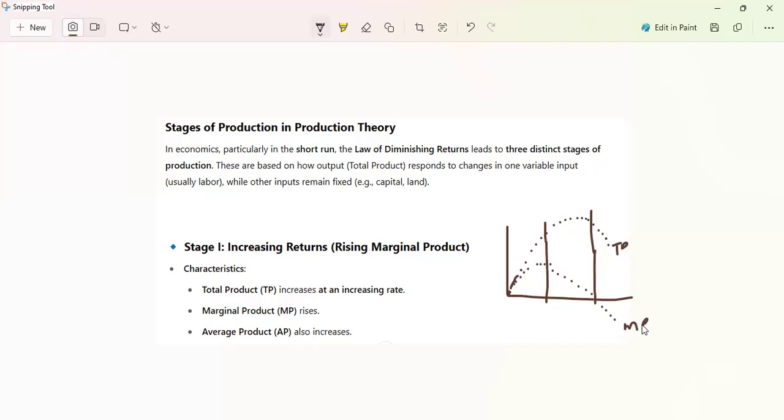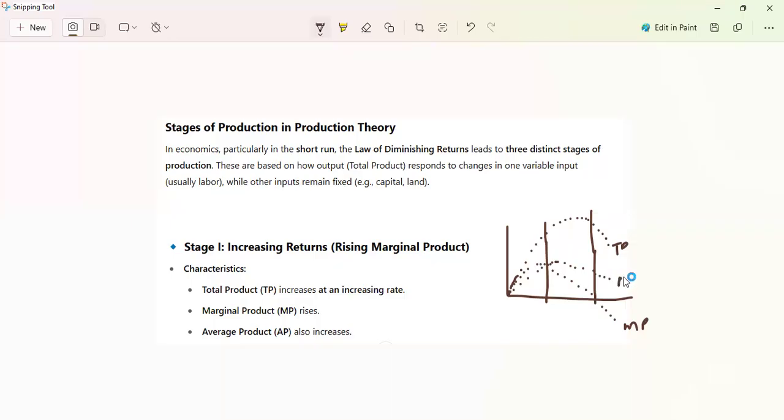We have the average product of labor, which starts also from here, reaches here, and starts to decline. Looks something like that.